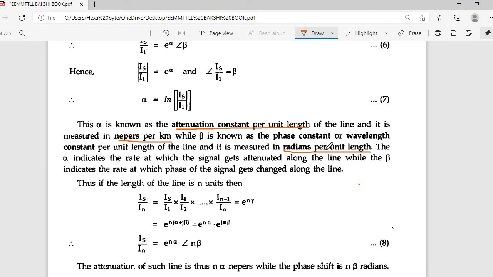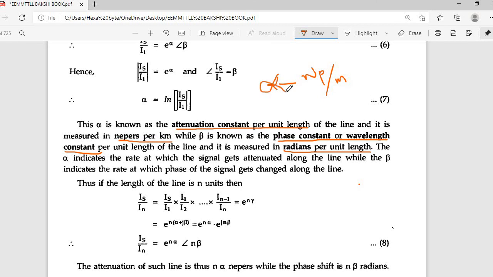The wavelength constant or phase constant is the same, radians per unit length. Attenuation constant is Nepers per meter. See, alpha has Nepers per meter.